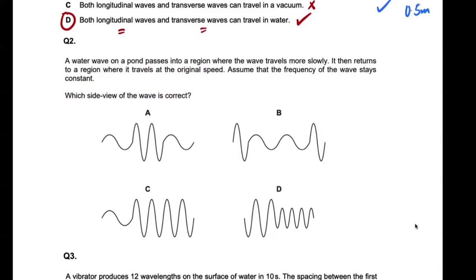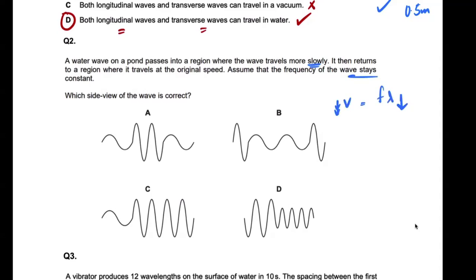So the idea is this: if it slows down in entering this new region and the frequency is constant, then if I think about the wave speed equation, if the wave is slowing down, this means that the wavelength must have decreased.